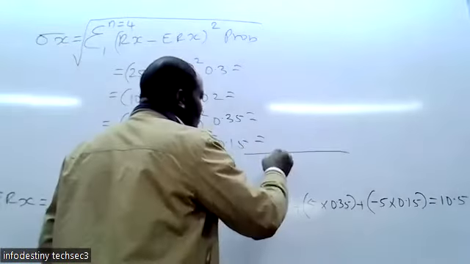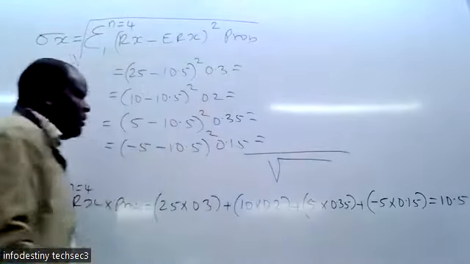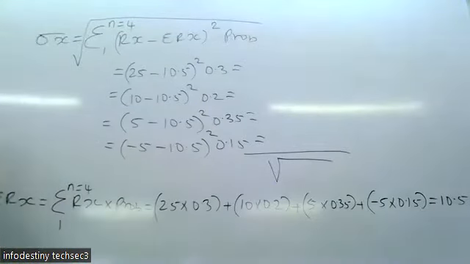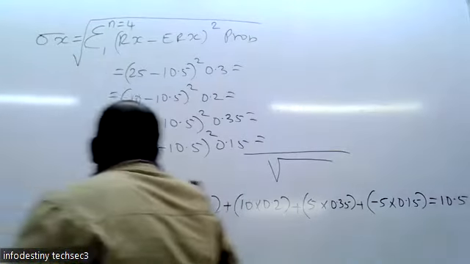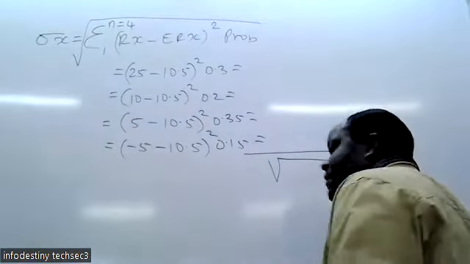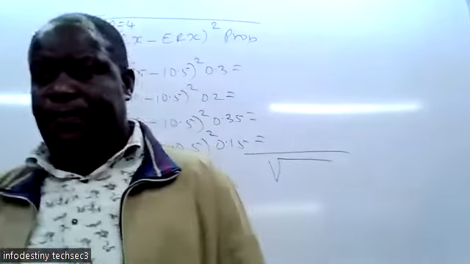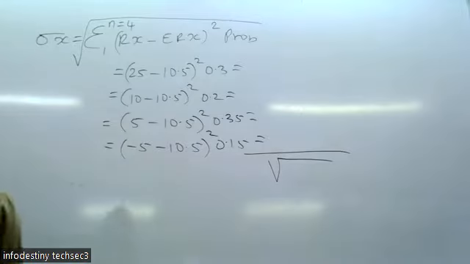That total, you will get the square root. So that now you get the standard deviation for that share x. You add them together, then get the square root of the value.